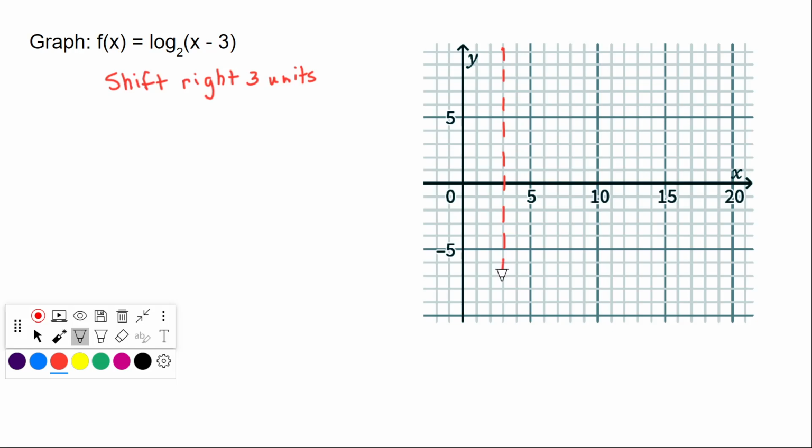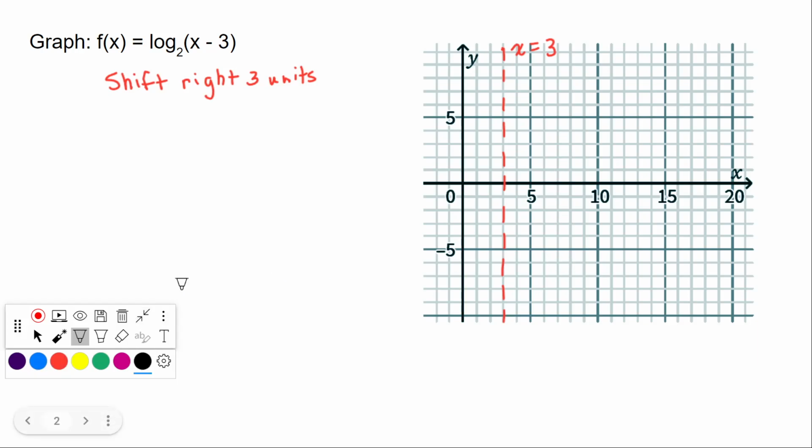A vertical asymptote always has the equation x equals, and it'll match your shift, x equals 3 in this case. I don't have anything added or subtracted on the end, so I don't need to worry about shifting vertically for this particular problem.